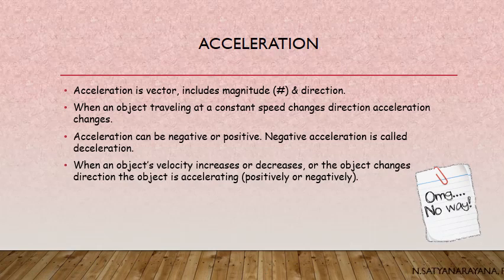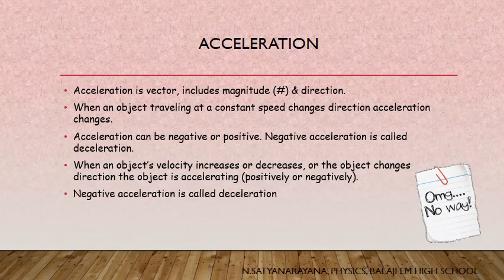When applying the brakes, the object will move in the forward direction, but the direction of the acceleration is in the opposite direction. So the velocity change will be negative, and when the velocity change is negative, acceleration is also negative. So acceleration can be positive or negative. Negative acceleration is called what? Deceleration.